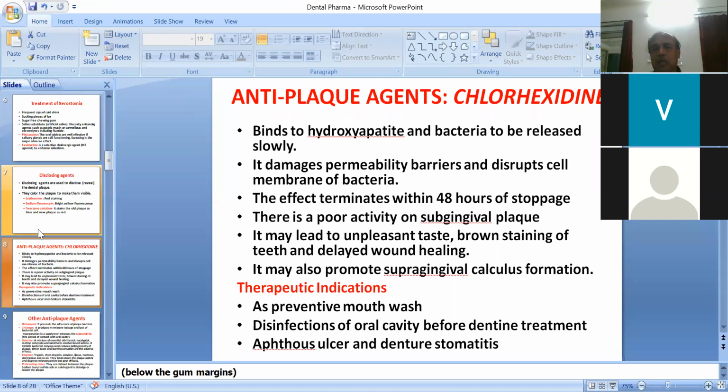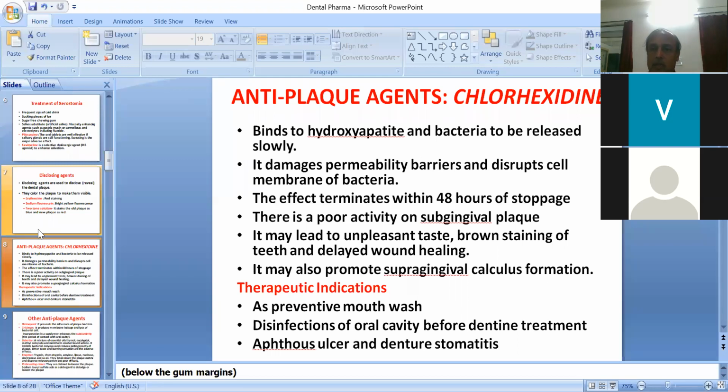There is a poor activity on subgingival plaque, the plaque that is residing below the gum margin. Then excess use of chlorhexidine can lead to some adverse effects. There may be unpleasant taste, brown staining of teeth, and delayed wound healing.